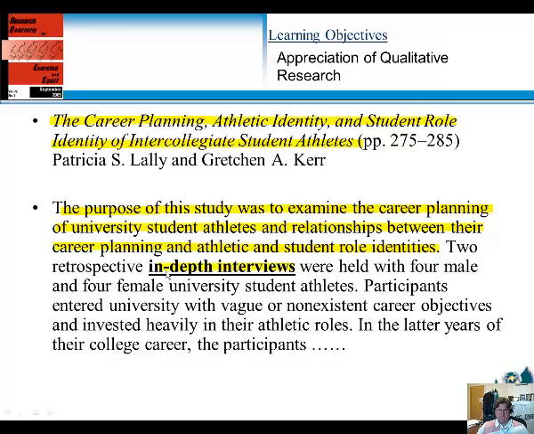Two in-depth interviews were held with 4 male and 4 female student athletes. Participants entered university, and so on. So you can see here that again, smaller sample size, data collected through in-depth interviews.